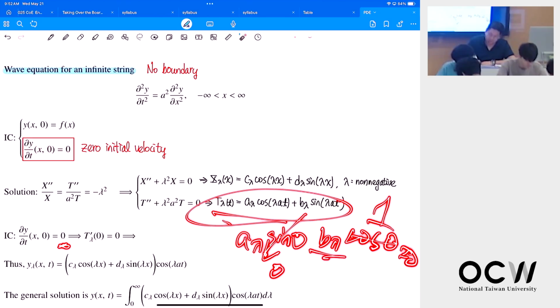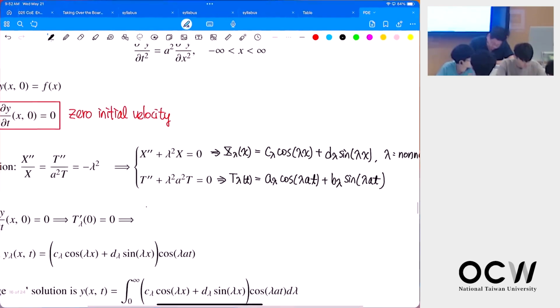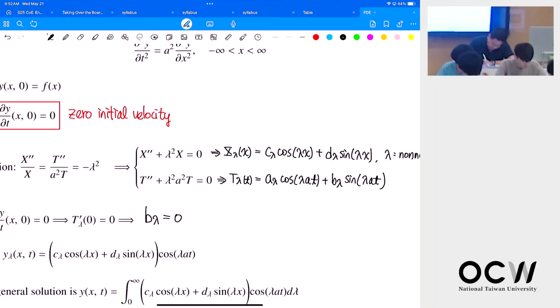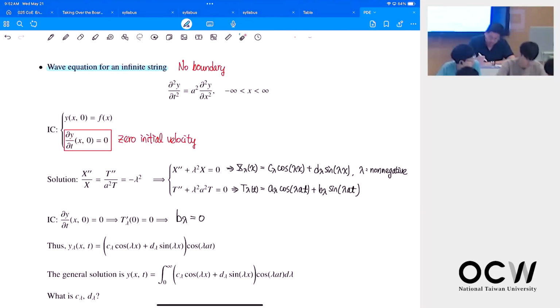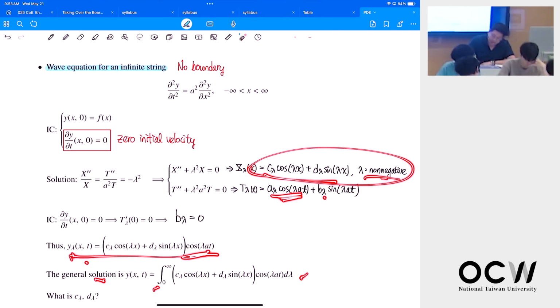So b lambda should be 0. Then you have this term times cosine lambda a t. In general solution, this is for particular lambda. So overall, lambda is non-negative, so I will do the integration from 0 to infinity.